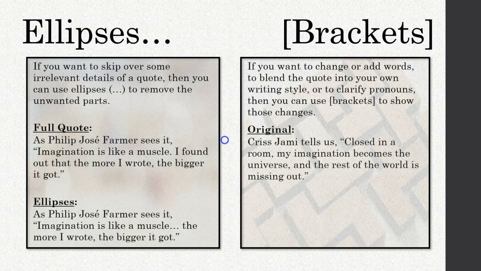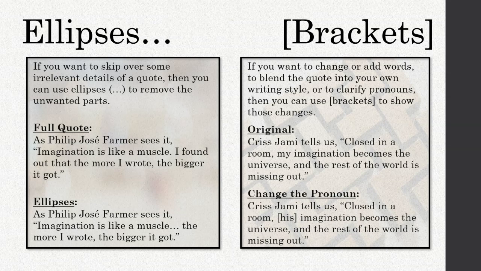But we can use brackets to smooth that quote out, saying something like, Chris Jamie tells us, closed in a room, his imagination becomes the universe, and the rest of the world is missing out. So we can change the first person pronoun to the third person pronoun.